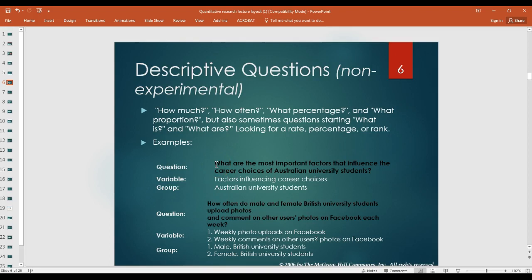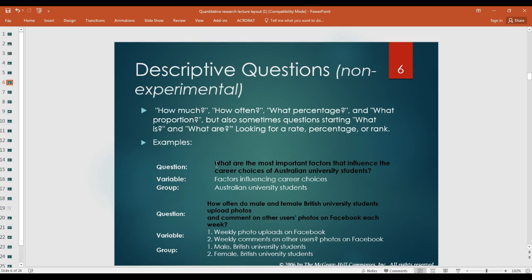And I hope I'm not going too fast. So you have your question: what are the most important factors that influence the career choices of Australian university students? Now your variables are factors that influence career choices.